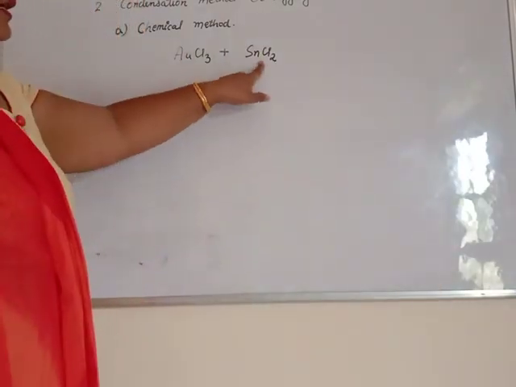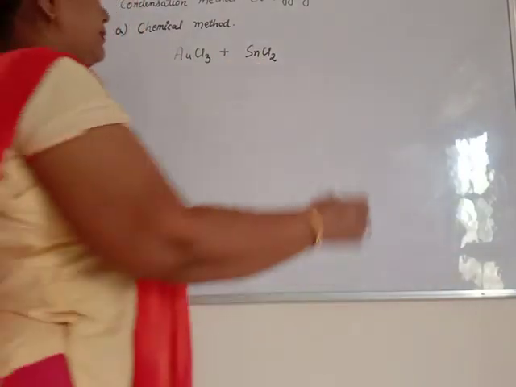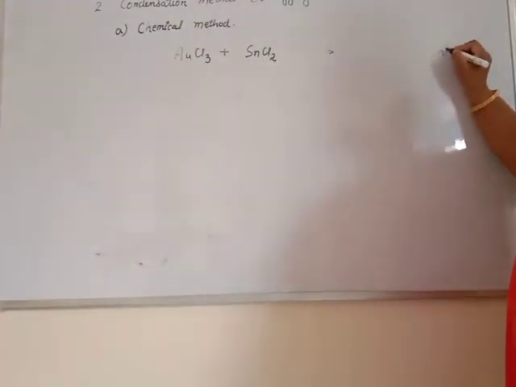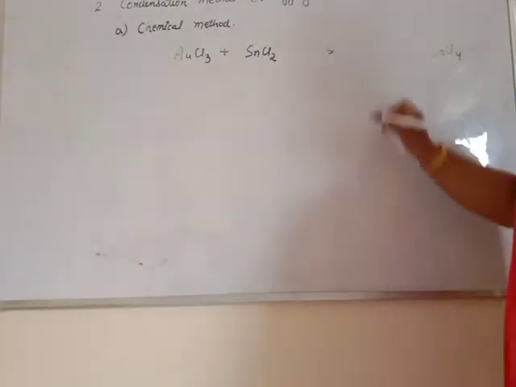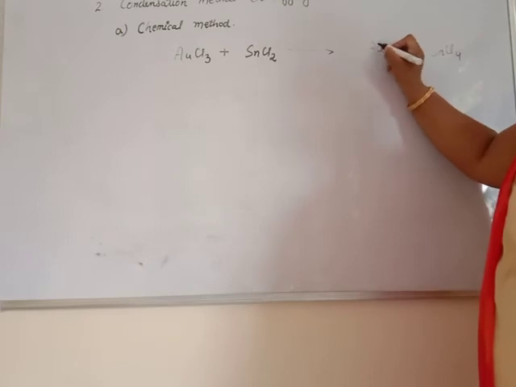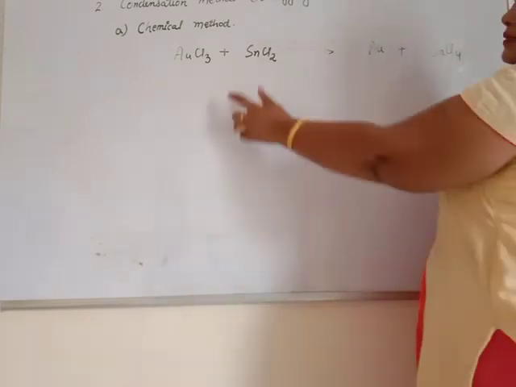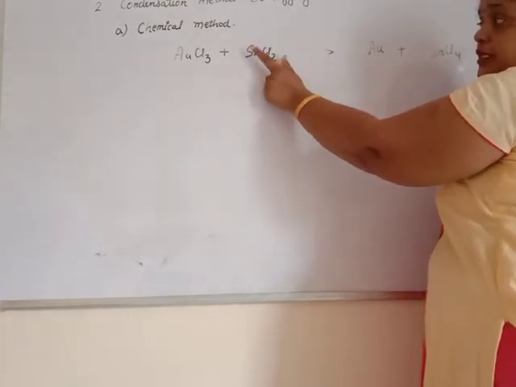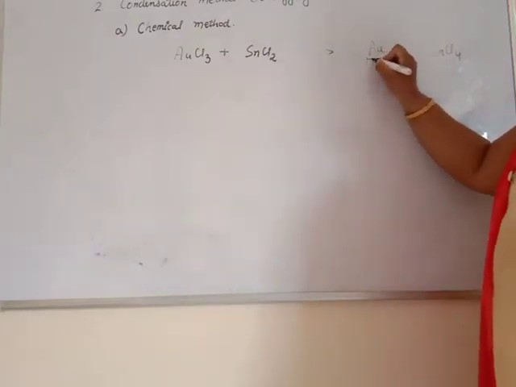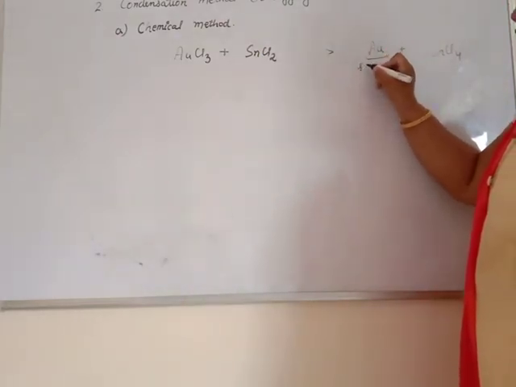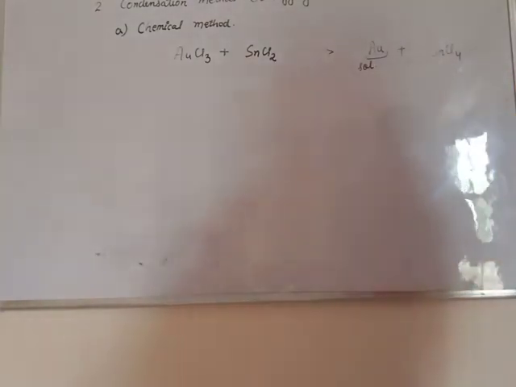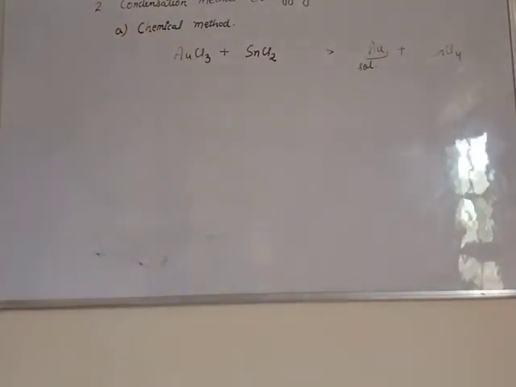When stannous chloride comes in contact with gold chloride, stannous chloride oxidizes itself, changes into stannic chloride and reduces gold. That means it oxidizes itself but helps in the reduction of the other. It is known as a reducing agent. And we prepare gold sol by this method.